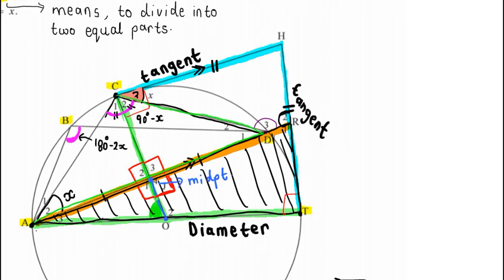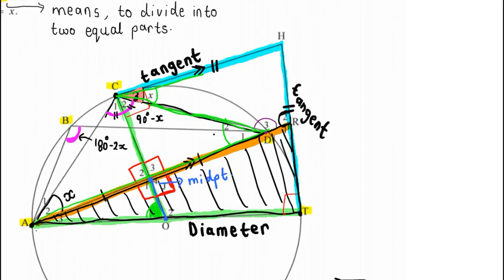Okay, so this angle at the center is twice the angle at the circumference, right? So which means if we can find what is angle D1 plus D2, which I can already see by alternate angles, right, is equal to angle C3, right?